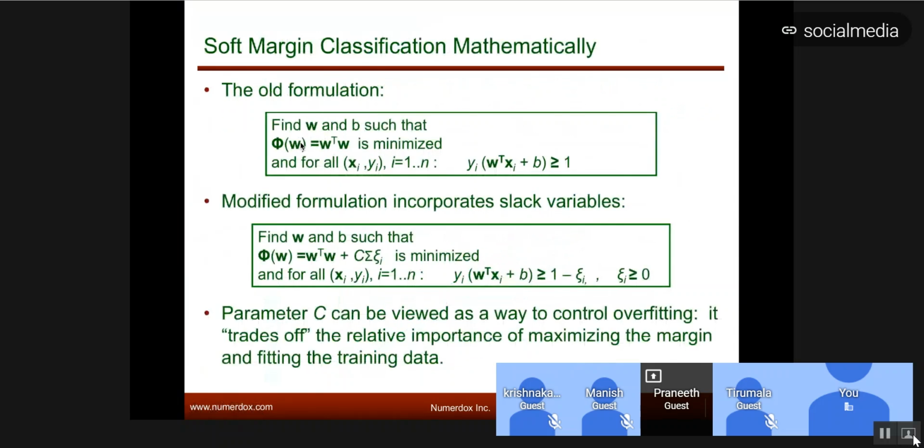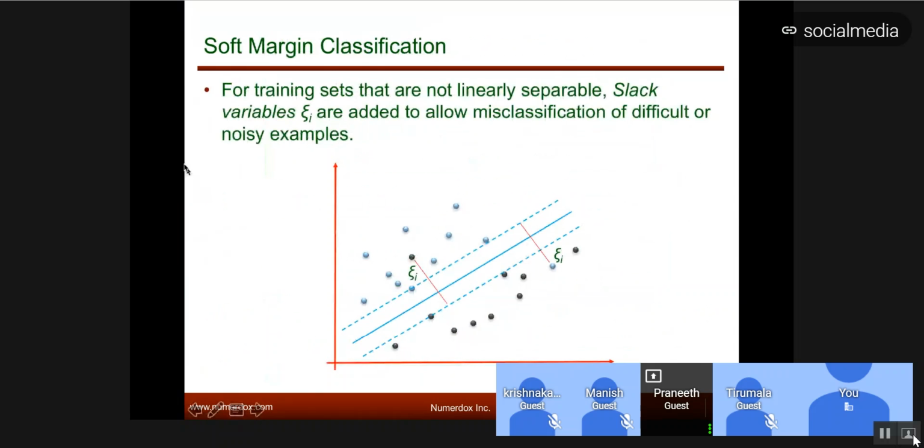Now what we're going into is, we also covered the concept of slack variables, where to account for increasing or decreasing the complexity of your SVM separation, depending on whether you're overfitting or underfitting, you're able to do that by adding slack variables, which allows for little error.